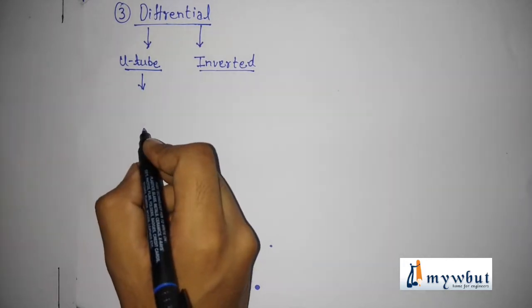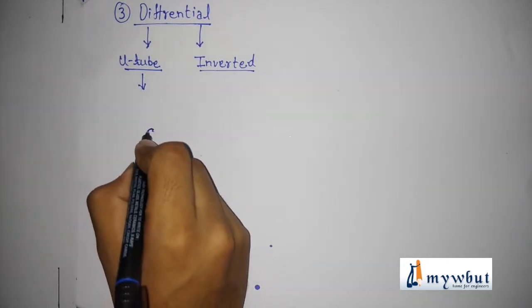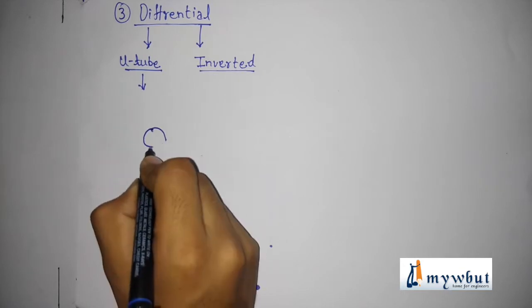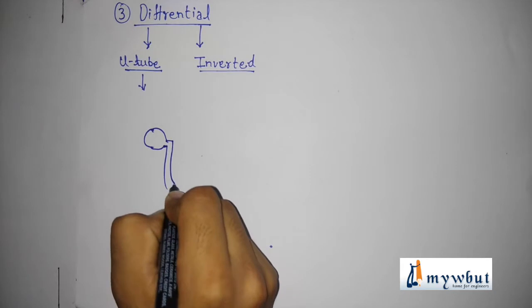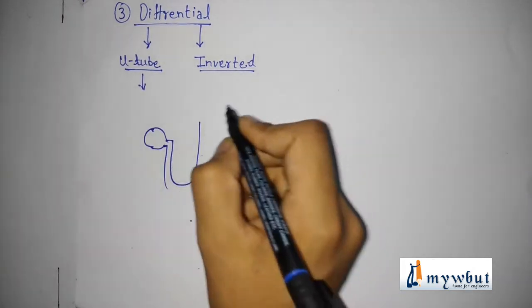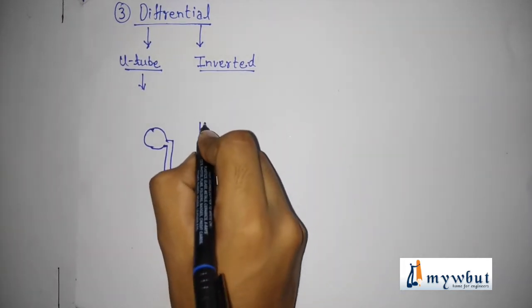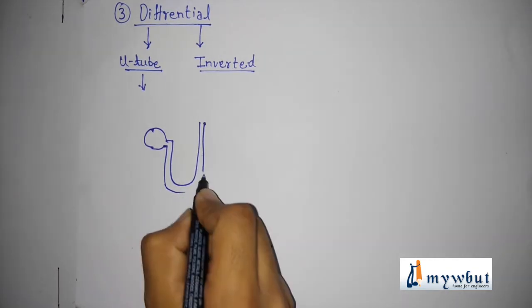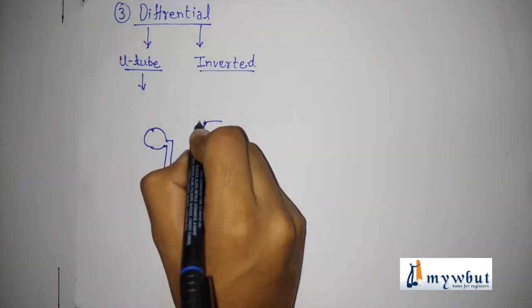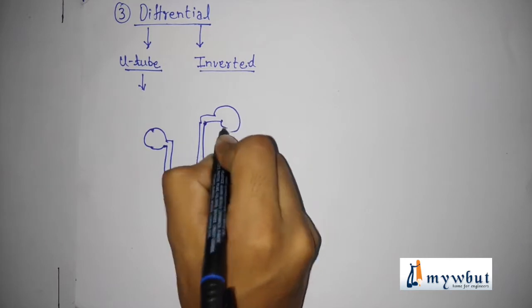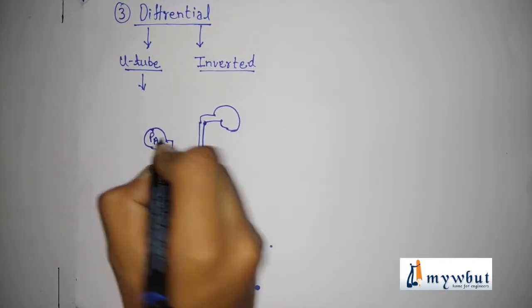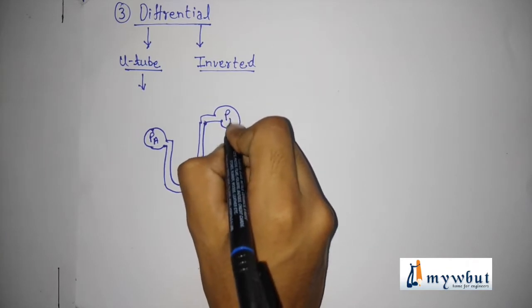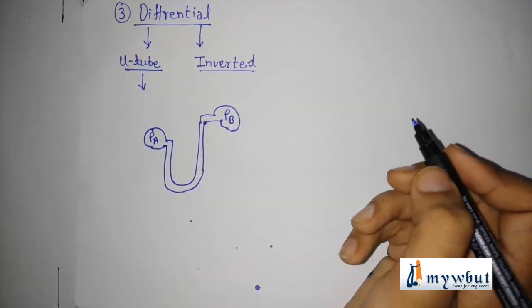Here, the difference is, you will see in the schematic diagram, that the second side of the manometer is not open. It contains some fluid at a given pressure. That is, if this part has pressure PA, this part will have pressure PB.